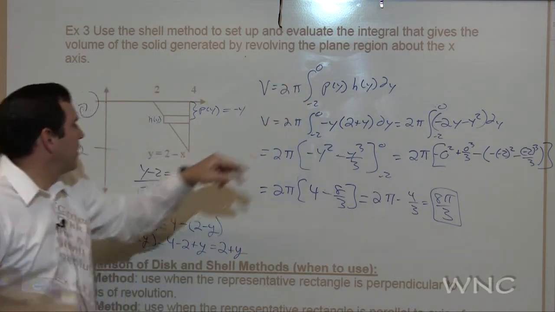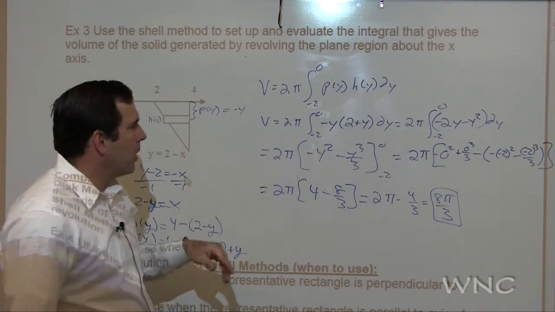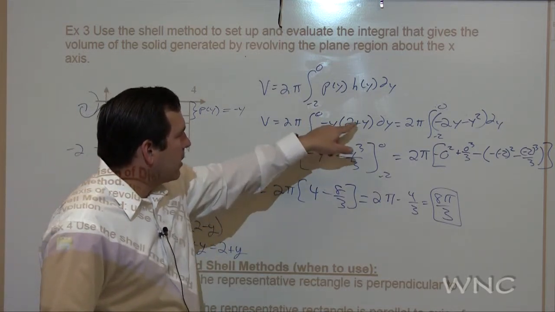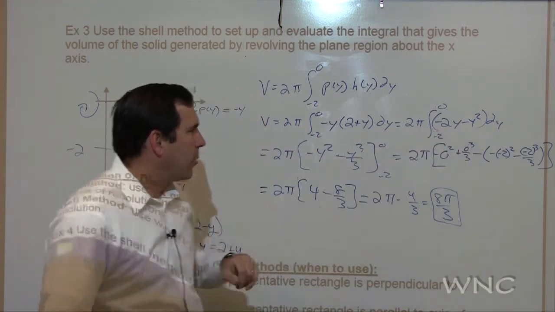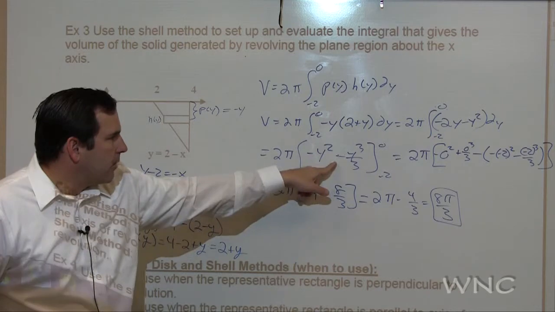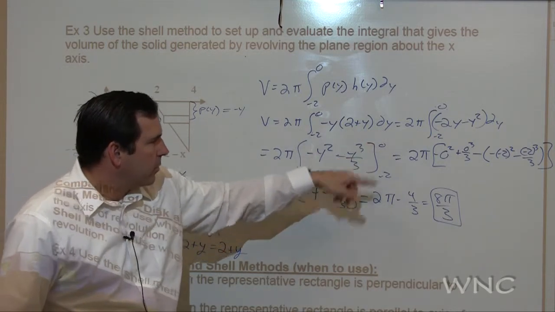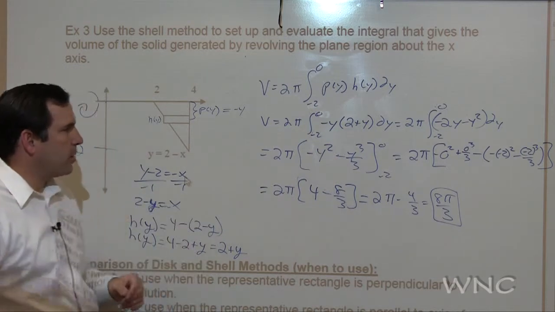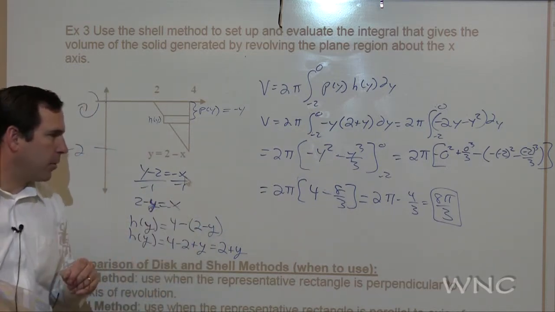It's negative 2 to 0 because negative 2 to 0 here, of negative y times 2 plus y dy. Distribute that. Got to remember our negatives. And I got negative y squared minus y cubed over 3 from negative 2 to 0. You apply your limits of integration, and you get 8 pi over 3.